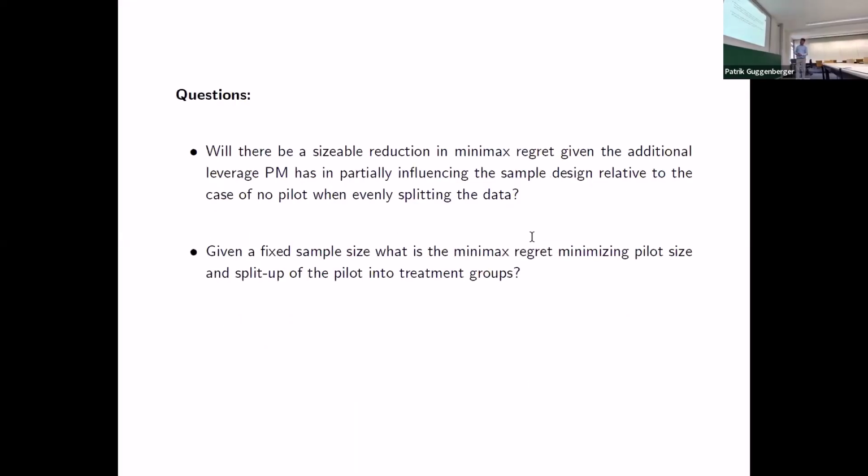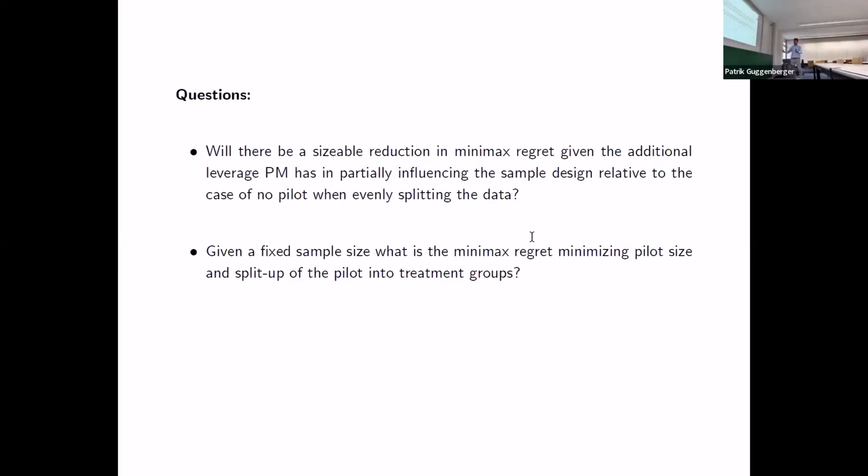And questions that we're interested in here in the pilot context: will there be a sizable reduction in minimax regret, given the additional leverage that the policymaker has in influencing, or at least partially influencing, the sampling design, relative to the case where no pilot study was observed and the data is a priori split into 1/2 for treatment 1 and 1/2 for treatment 2.